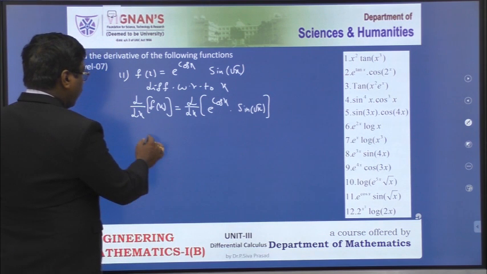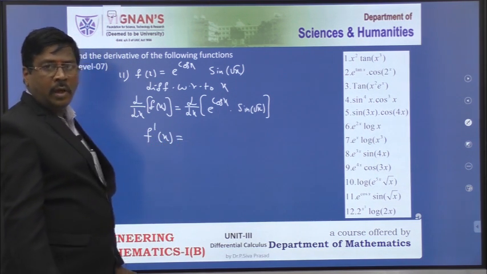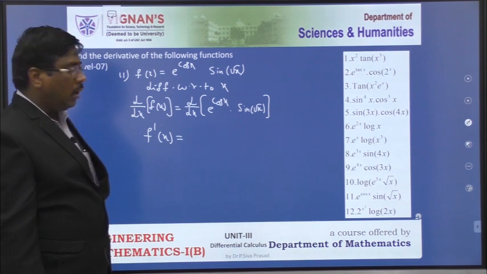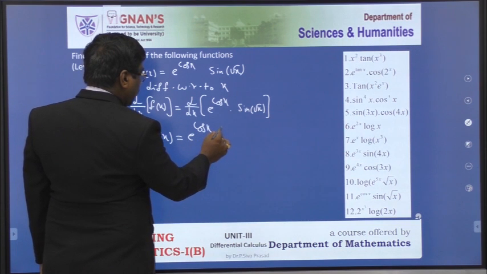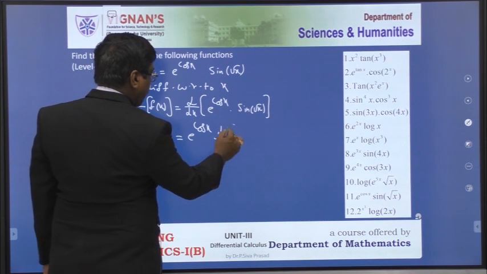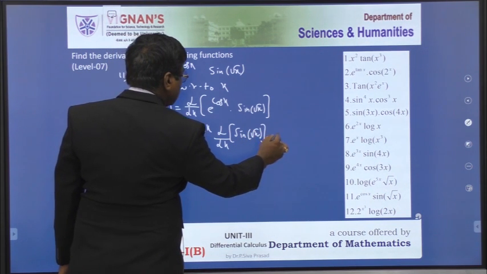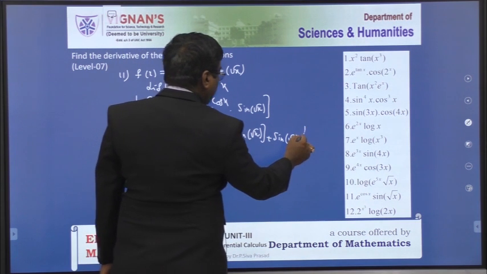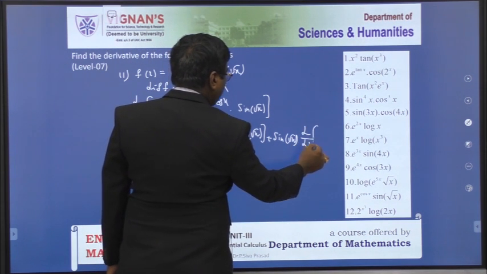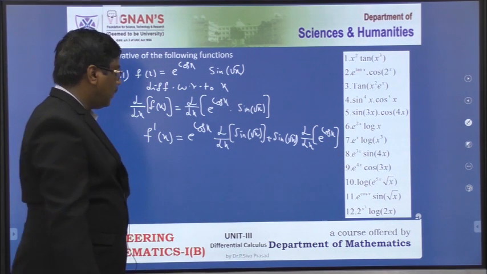Therefore, f dash of x is equal to, applying the UV formula, e power cos x into d by dx of sine of root x plus sine of root x into d by dx of e power cos x.